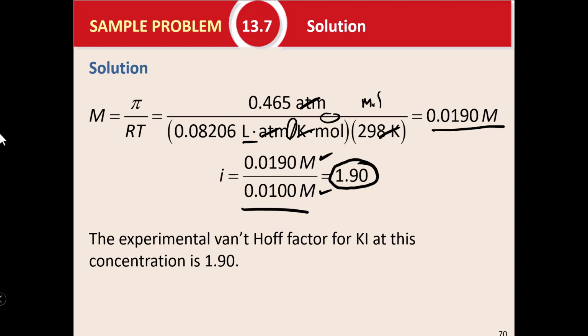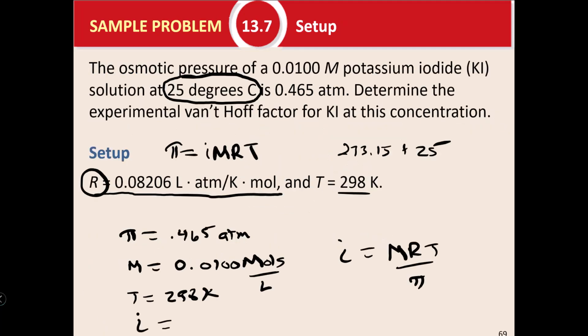Let's go back and look at that. Yeah, that's what I should have said here. This is the molarity of the entire solution. This is the molarity of the entire formula unit.